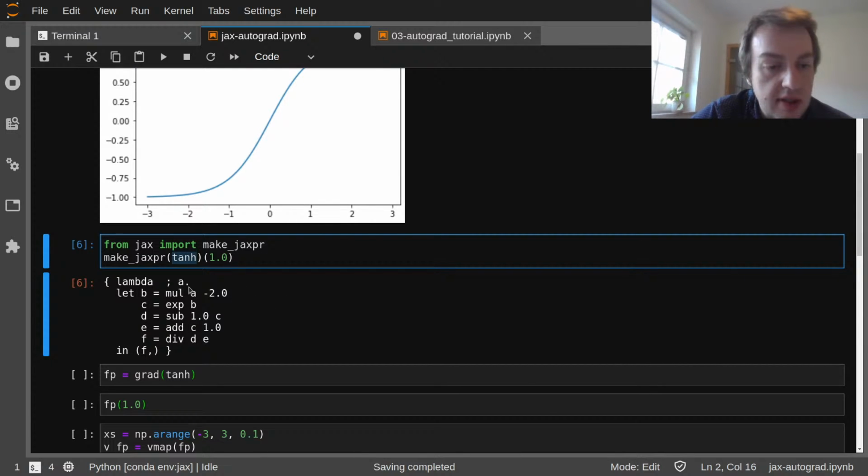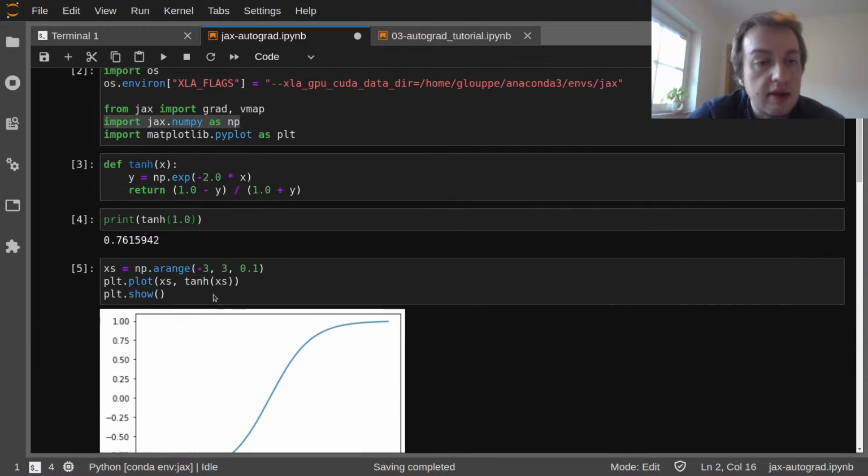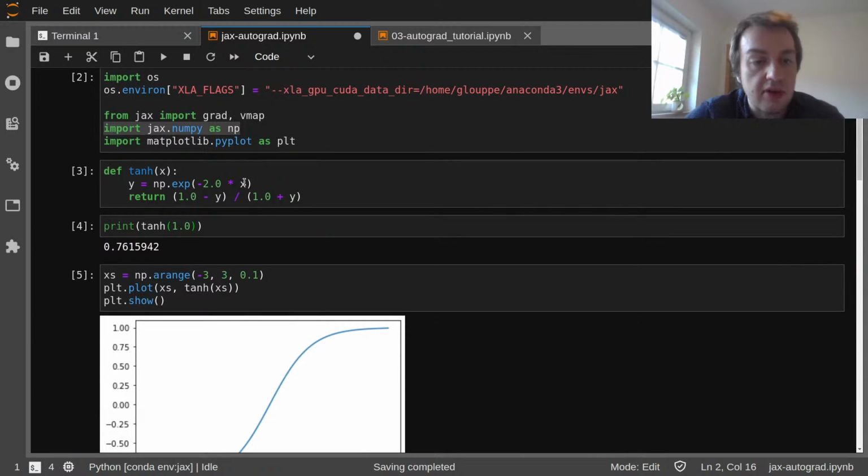And so you see that it takes as input some argument, which has the name A, and then it computes a first temporary variable B, which is the result of the multiplication of A with -2. And indeed, if you go back, this is the first quantity here.